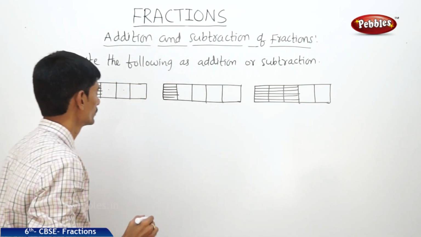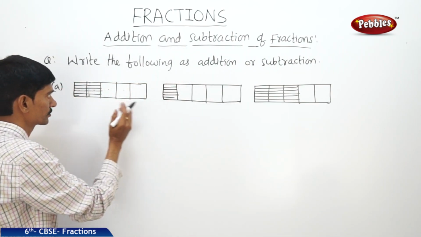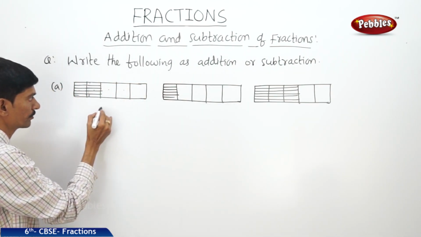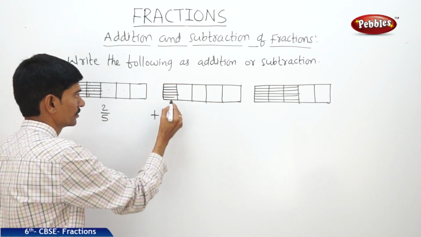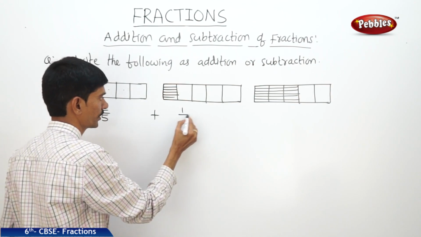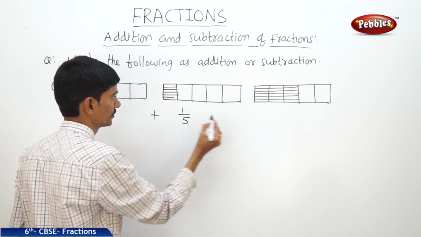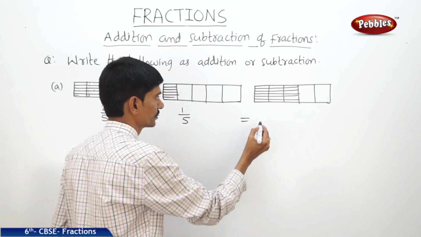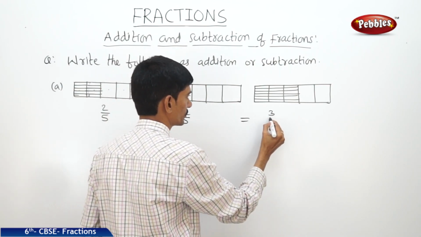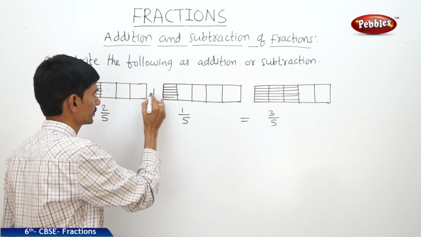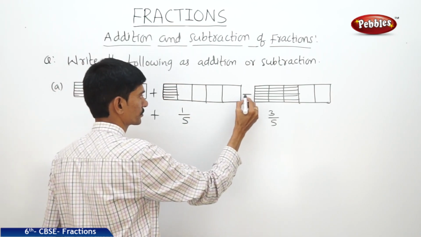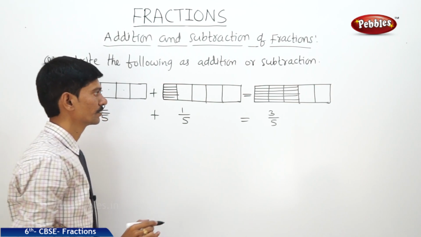Now, when you observe the first 2 rectangles, 2 out of 5 parts is 2/5, plus one part shaded out of 5 parts is 1/5. So then we get 3 parts shaded out of 5 parts. So the first rectangle plus the second rectangle equals the third rectangle with shaded parts.